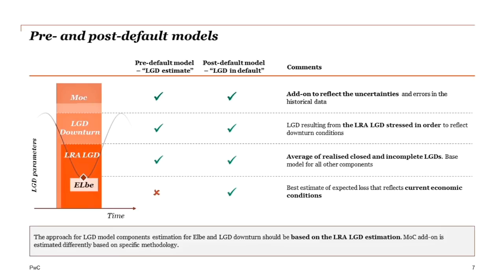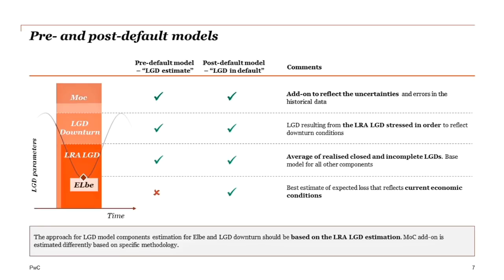There are, as you see on the left-hand side of that slide, the same LGD parameters in place. These are the margin of conservatism, the downturn LGD, the best estimate expected loss.